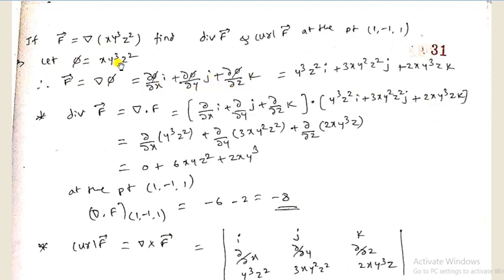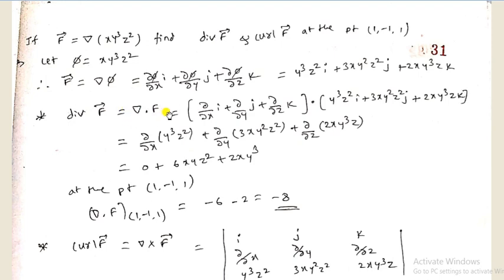So differentiate phi with respect to x, y, z partially. We obtain y cube z square i plus 3x y square z square j plus 2x y cube z into k.